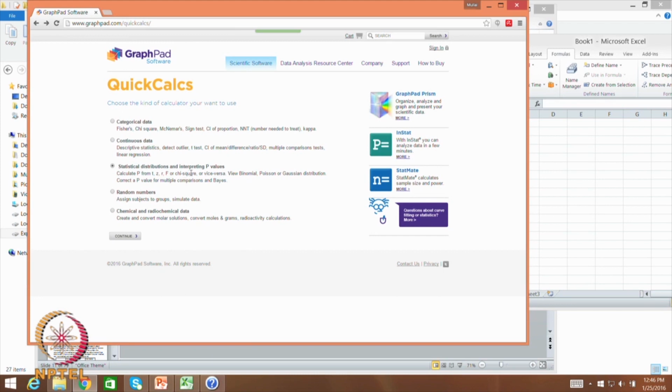We can do statistical distribution interpreting. Chi-square comes here, we can do it by continuous distribution.